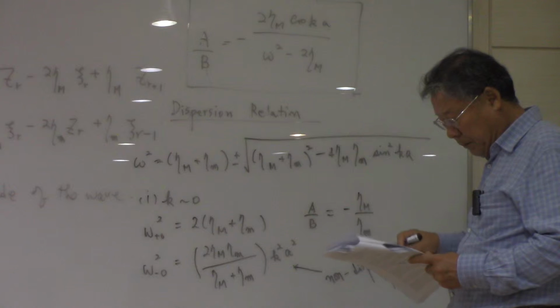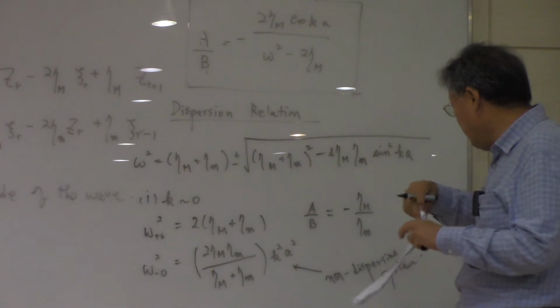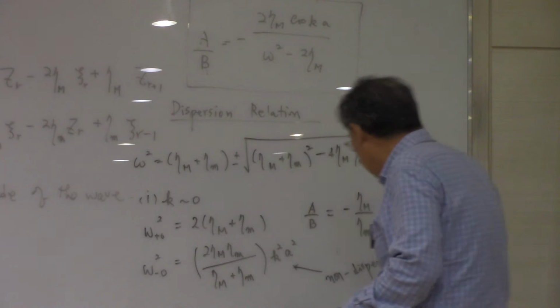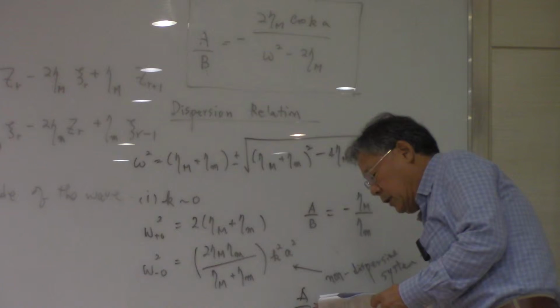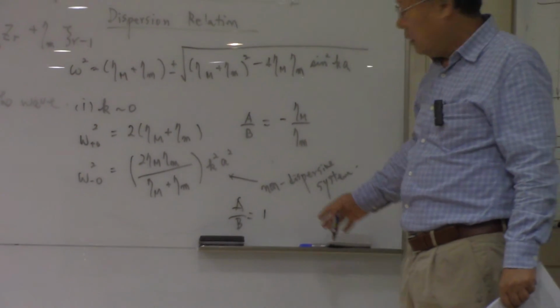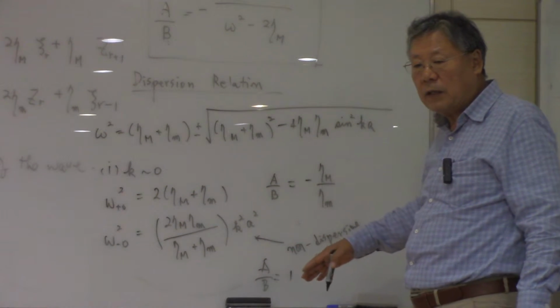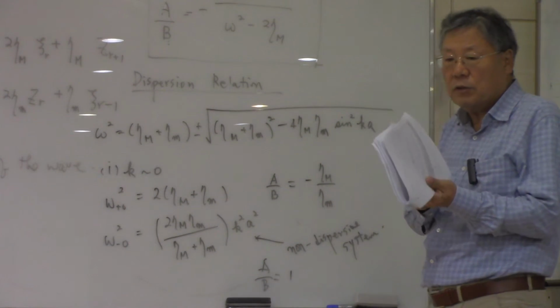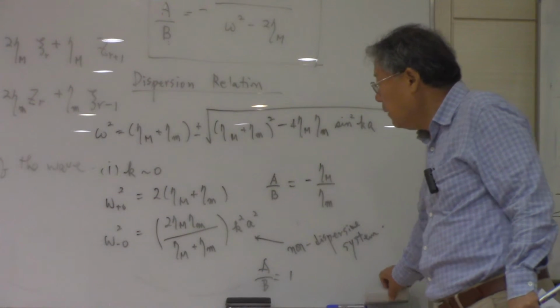And A over B, here in this case, A over B is just 1. What does that mean? The movement of the large atoms and small atoms have the same amplitude. That is an acoustic wave, isn't it?